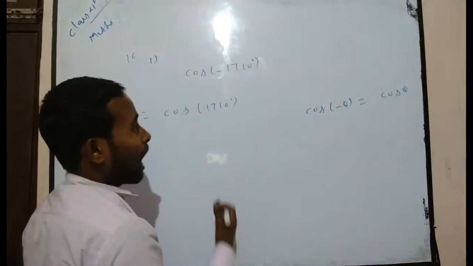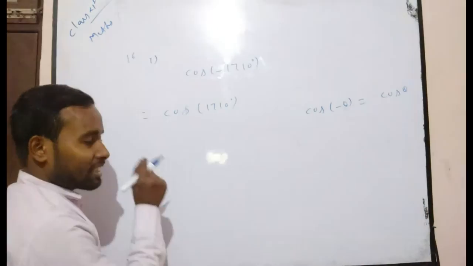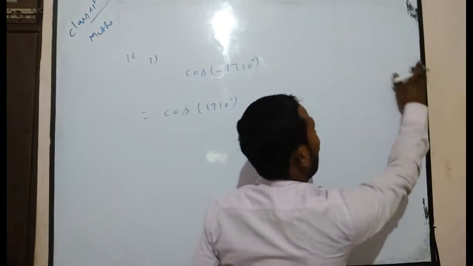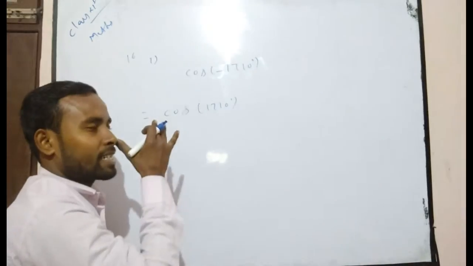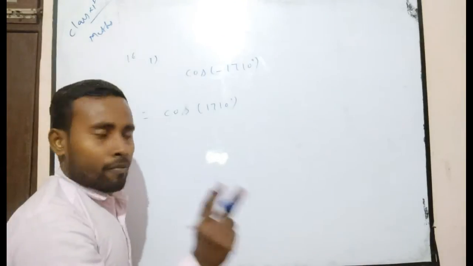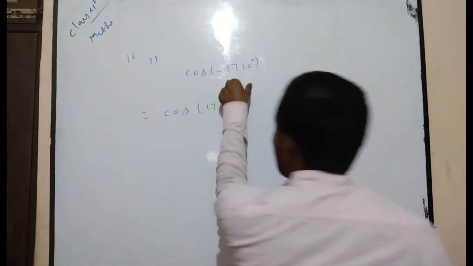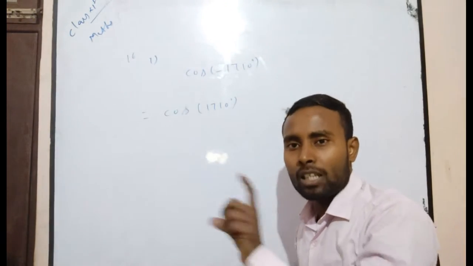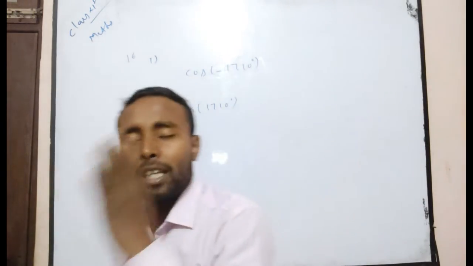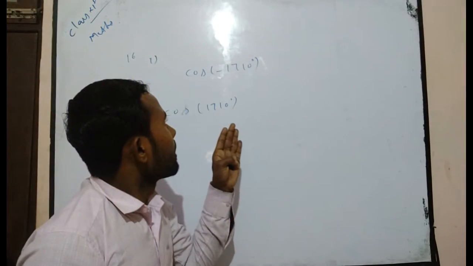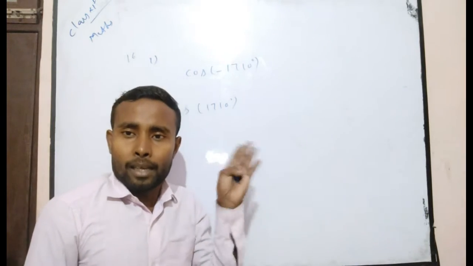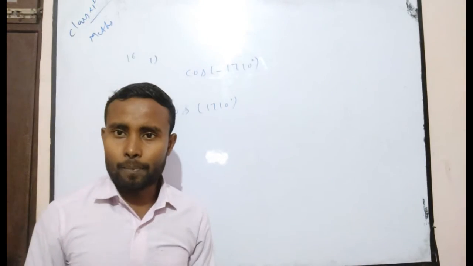Now consider how you can solve it. I think this is very simple, because when the angle is expressed in degrees, I divide the whole problem into two categories. First category, when the given angle lies between 0 and 360 degrees, and another, when the given angle is greater than 360 degrees.